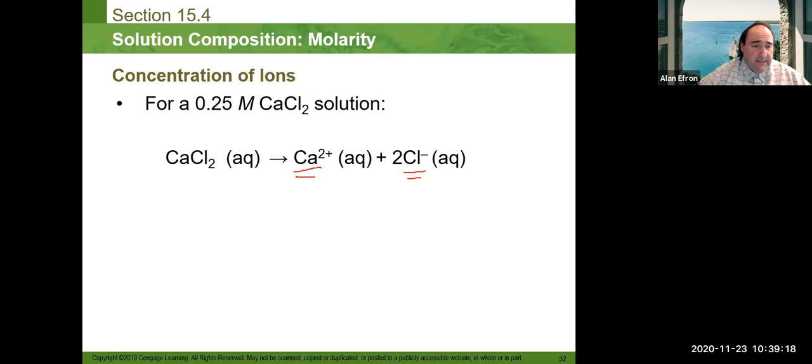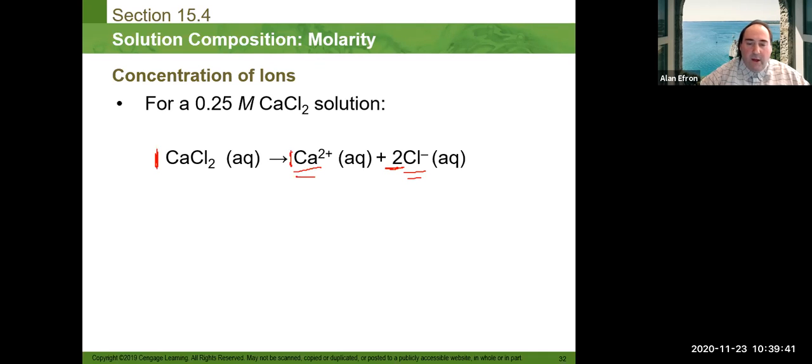So it's almost a 2-to-1 situation, twice as concentrated in the chloride ions as in the calcium ions. We could take a stoichiometry approach to this and look at the coefficients, basically 1 here and obviously 2. If we wanted to relate the concentration of just the ions, we could take the concentration of the whole thing.